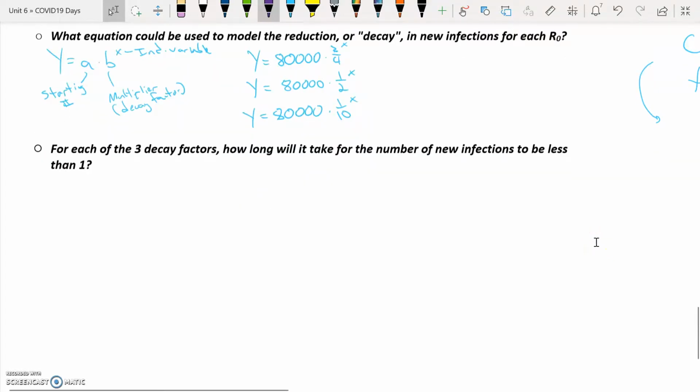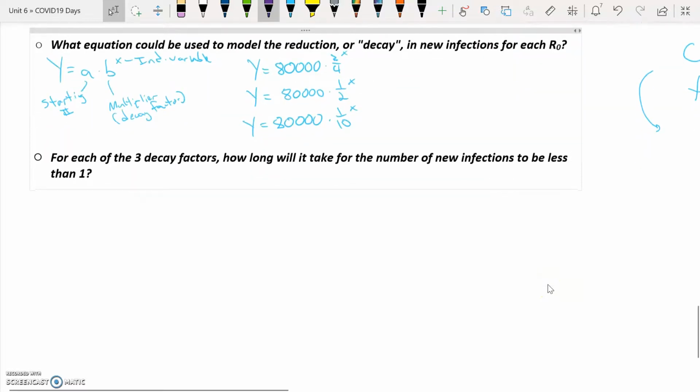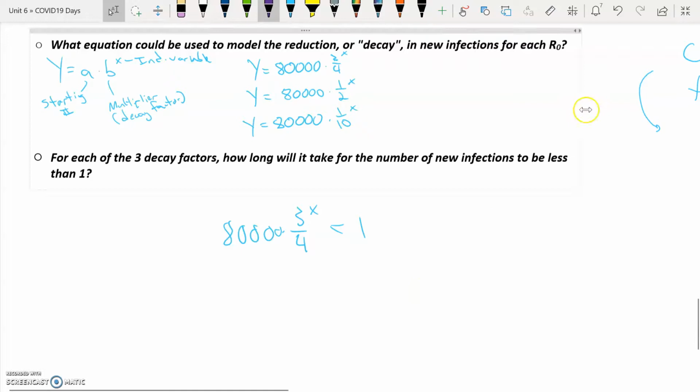And so with this one, you'll have to do the same type of thing. You can't put in this equation and solve for x unless you get into some really advanced math. So you want to know when 80,000 times 3/4 to the power of x is equal to something that's less than 1. On this one, you're just going to have to repeatedly multiply 80,000 by 3/4, or multiply it by 0.75, until you get to a number that is less than 1.